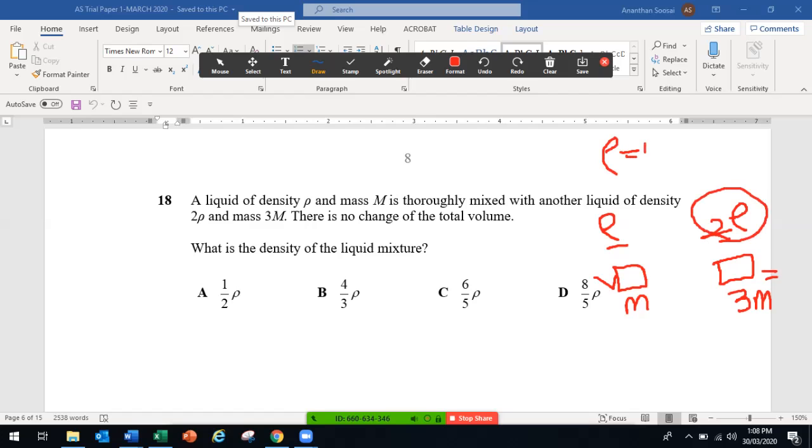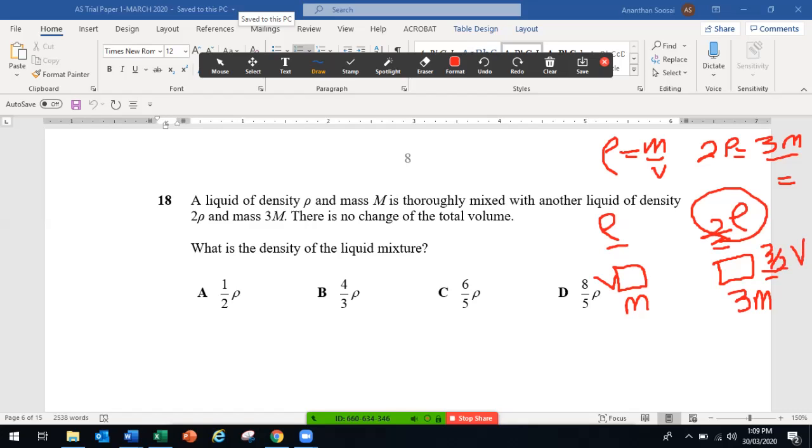Rho is mass m over V. If 2 rho means the mass is 3m, the volume should be how many V to get 2 rho? 3m divided by 3 over 2V, you get 2 rho, right? So the volume is 3 over 2V.